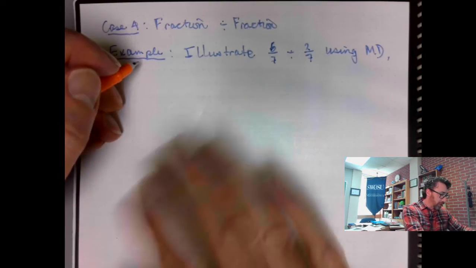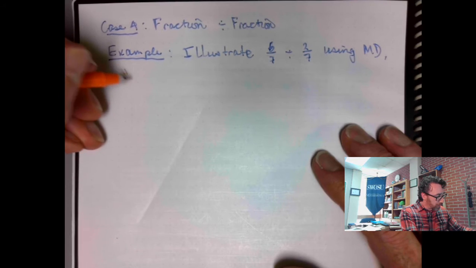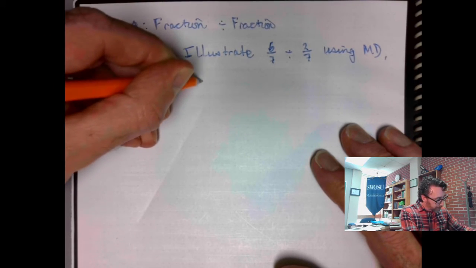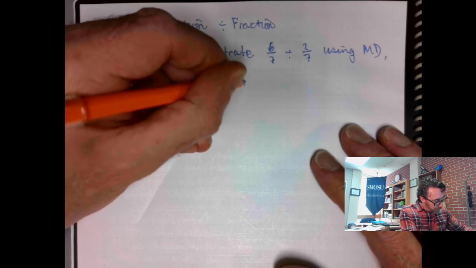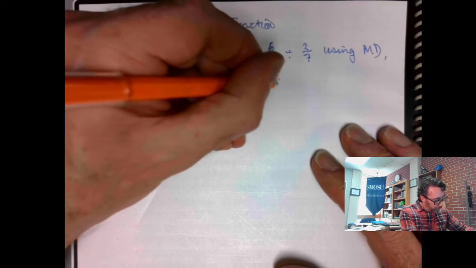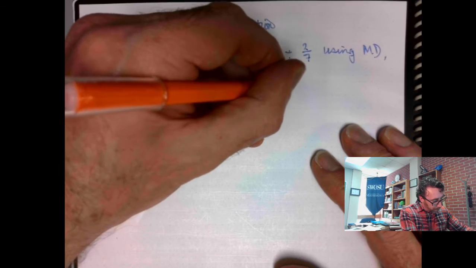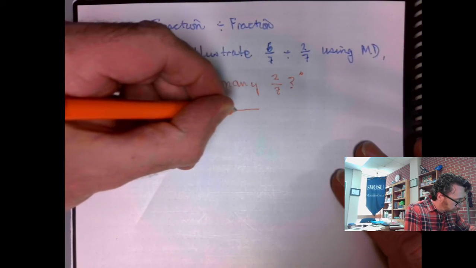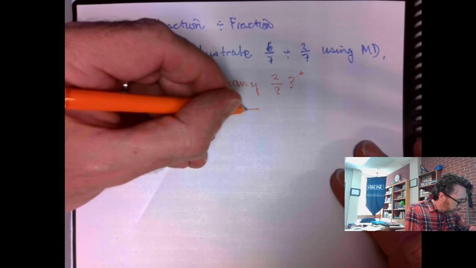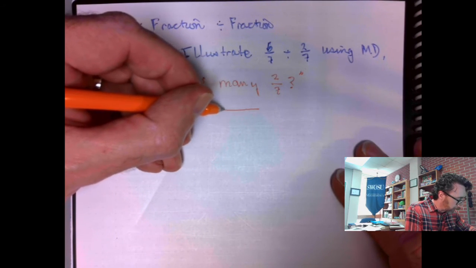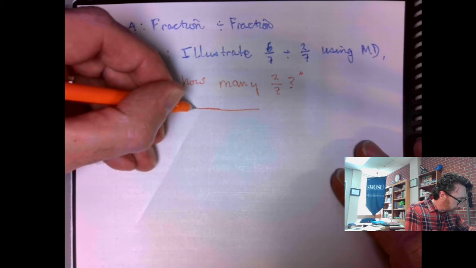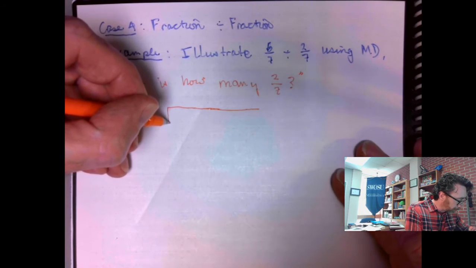So the interpretation when we're dealing with measurement division is something like this. 6/7 is how many 2/7? Let's illustrate this with a bar diagram. 1, 2, 3, 4, 5, 6, and 7.